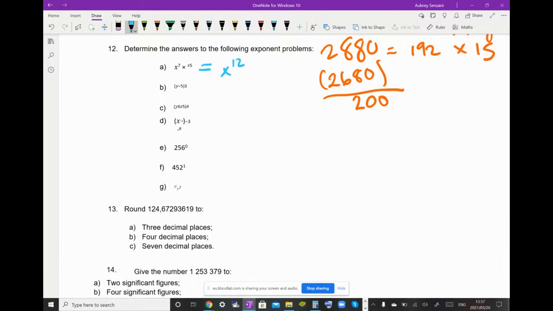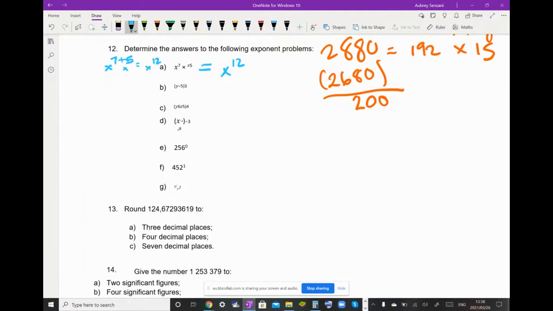We have y to the power negative 5, in brackets, to the power 3. What then is the answer? Remember over here we said x 7 and we said plus 5, because they were in the same base. We added those and got our x to the power 12.